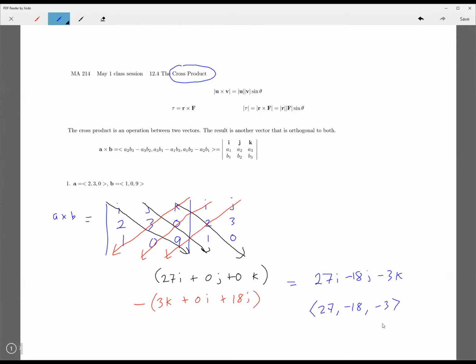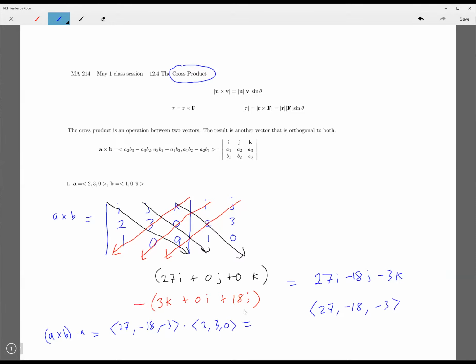But then what we're really supposed to do is take the dot product of this vector with this one. If you take A cross B dot A, that would be this vector, 27, negative 18, negative 3, dot product with 2, 3, 0.